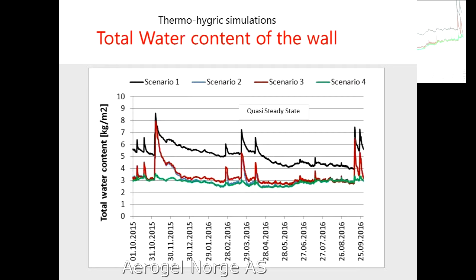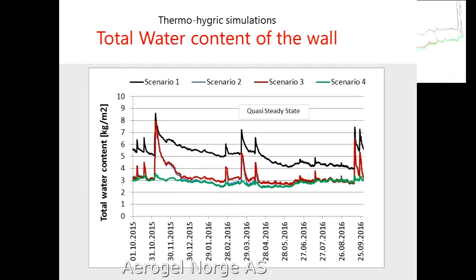We have made the calculation for 5 years because in order to get into the quasi-steady state, and because thermohydraulic moisture and heat transfer combined is a rather slow process, you have to calculate more than 2 years at least to get the final situation. So this is what we have done, and this is what we get.